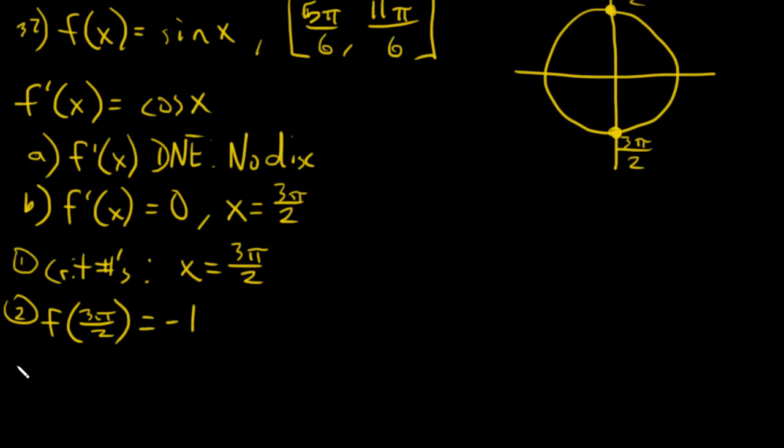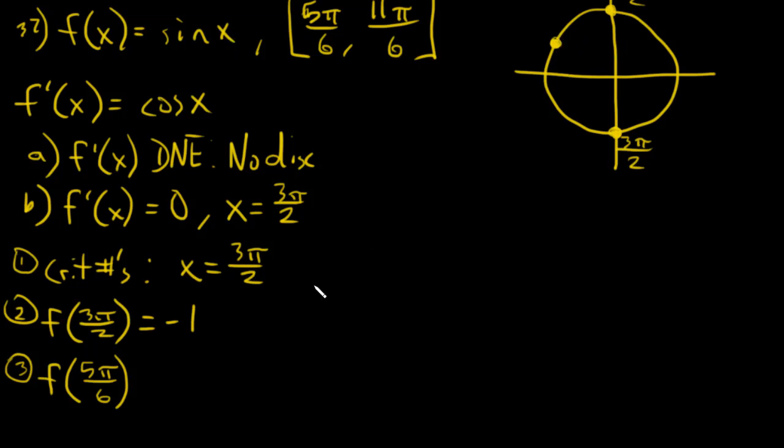Okay. Step 3, to find the extrema, I need to plug in the endpoints of my domain. So I've got f of 5 pi over 6. Alrighty, so 5 pi over 6 is right here in the unit circle. And I'm looking for the y value, since that's the sine at that point.